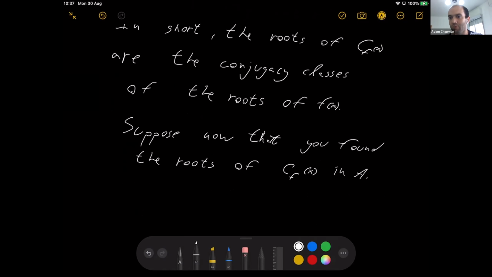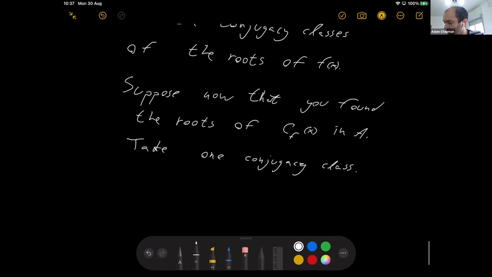They are grouped into conjugacy classes, so take one conjugacy class. What do we mean by a conjugacy class? If you have an element in an Octonion algebra, then it has a trace and it has a norm.